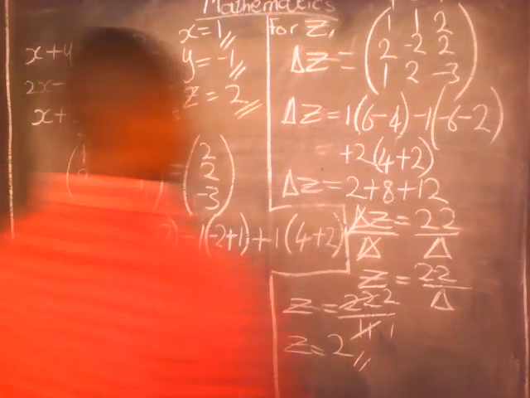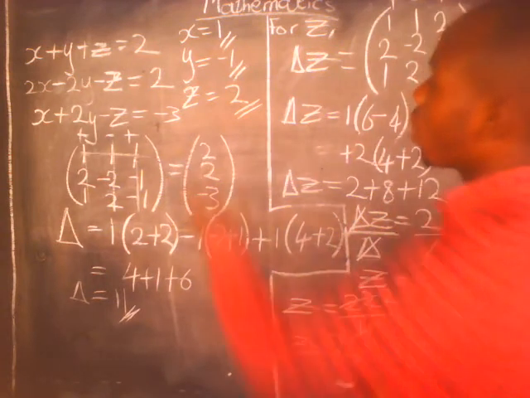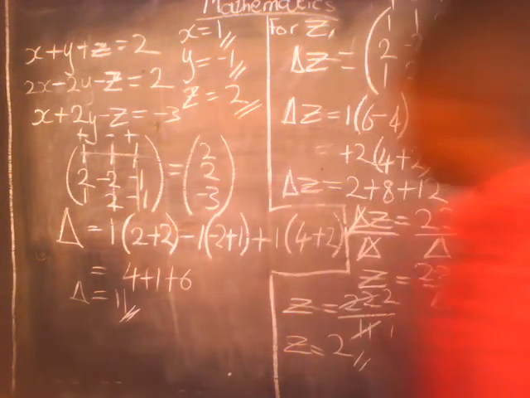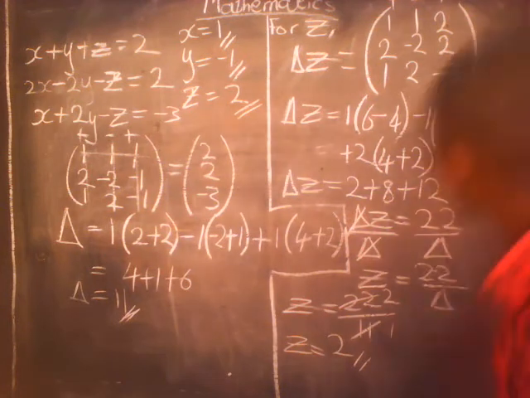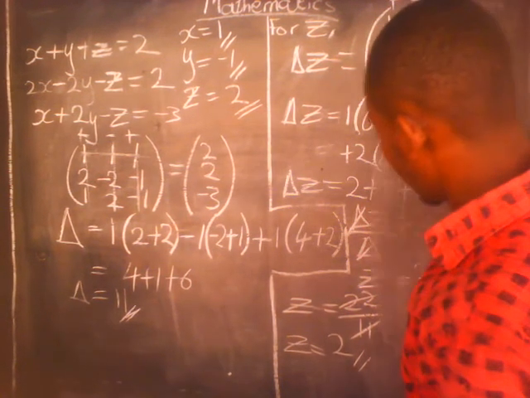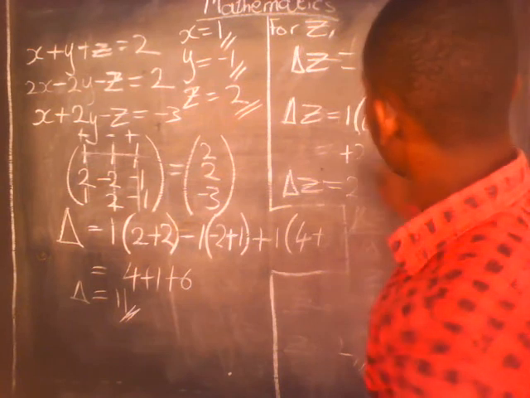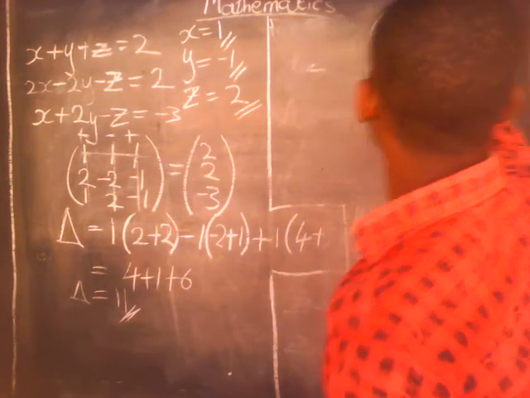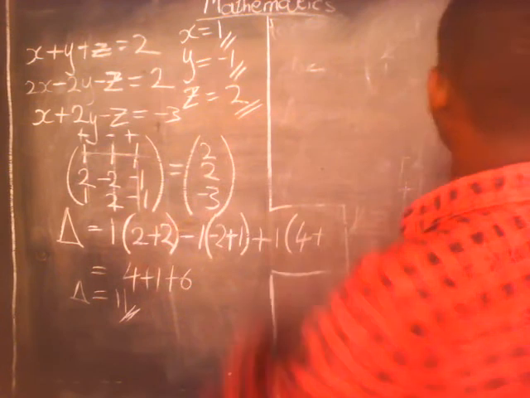In order to check if our answers are correct, we'll have to insert the values of x, y, and z into one of the equations. And if you look there, we have 3 equations.